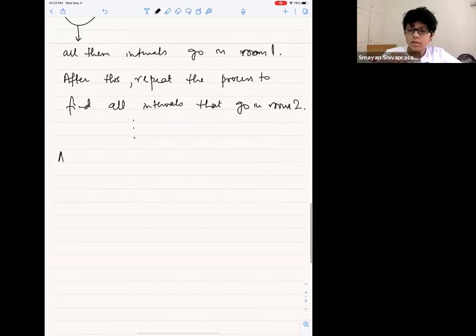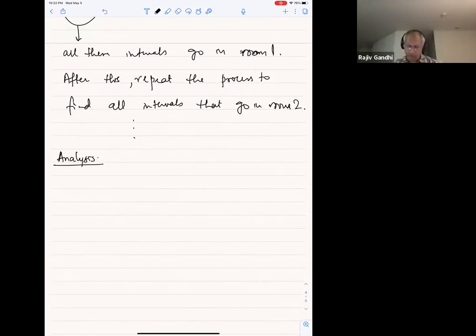Okay, so analysis. Why does Devansh's algorithm work? Suppose we have used K rooms. Now we use the idea of Magison. We said that suppose we use K rooms.